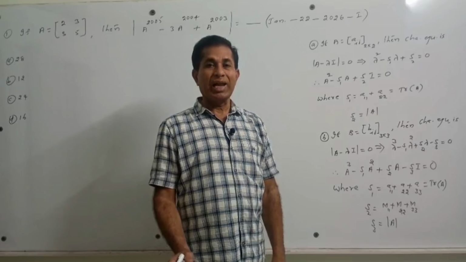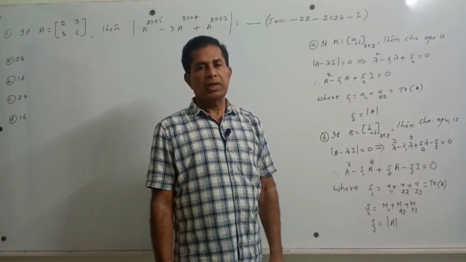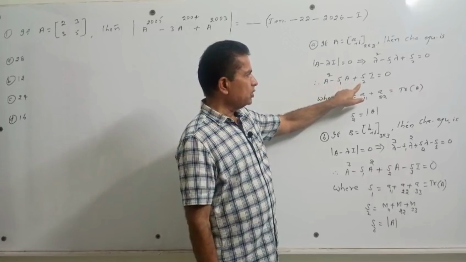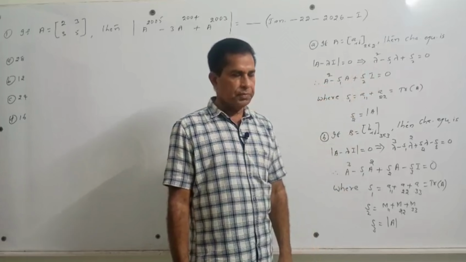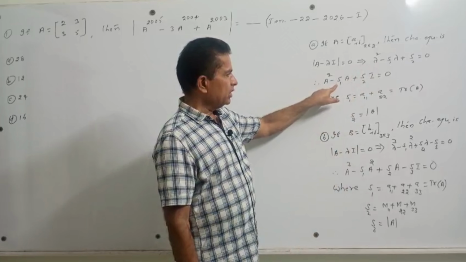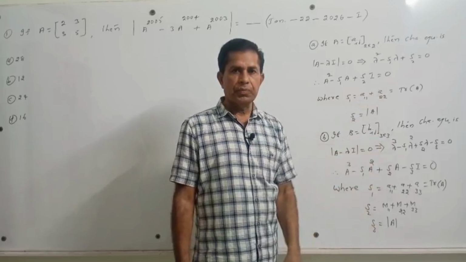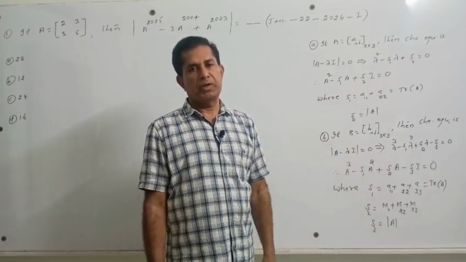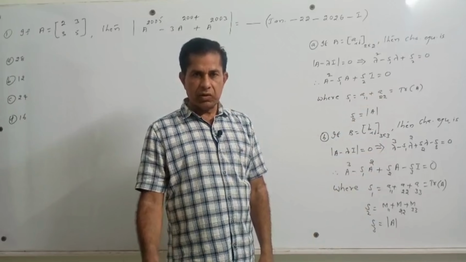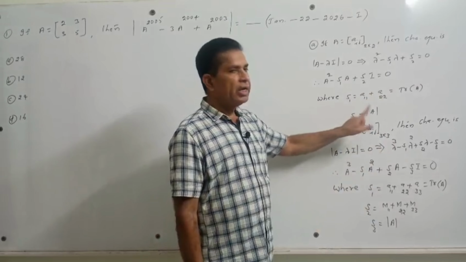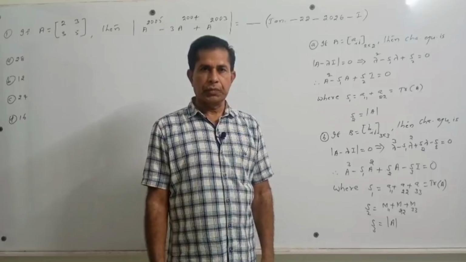So according to Cayley-Hamilton theorem, A satisfies that equation. Substituting lambda is equal to A, A square minus s1 into A plus s2 into I is equal to 0. There s1 representing A11 plus A22, sum of the elements in the principal diagonal, that is the trace of the matrix. s2 representing determinant of the matrix.